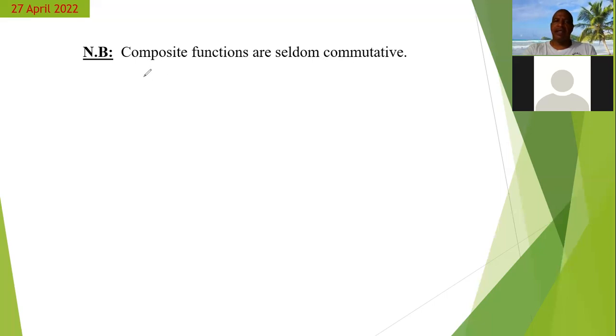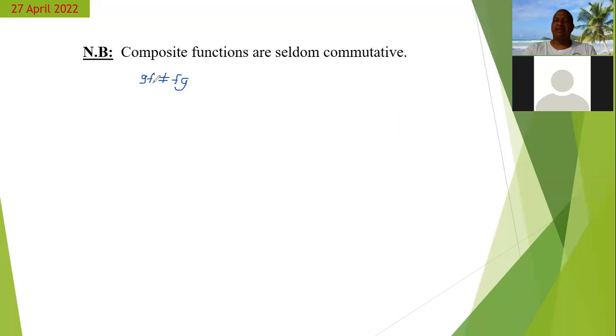So what it really is saying is that if you have the composite of 2 functions, G composite F, it is not always or usual to be the same as F composite G, right? So they're not the same.